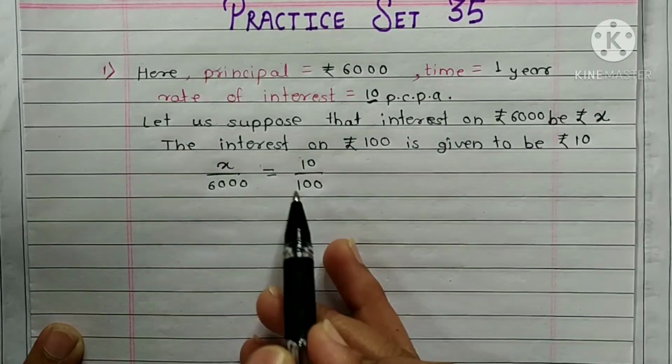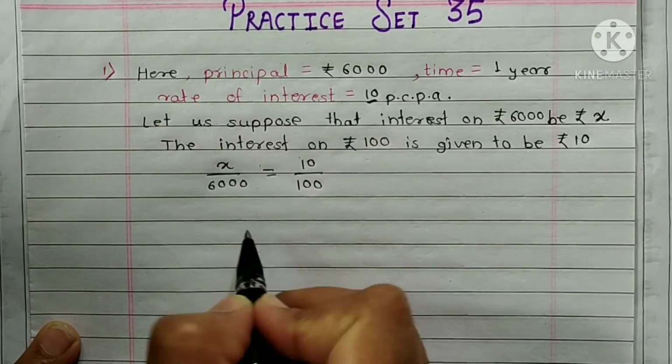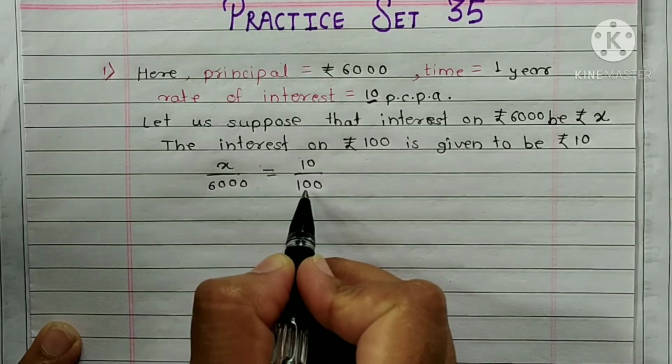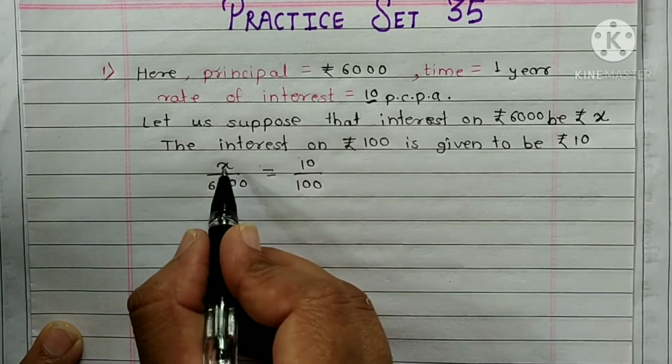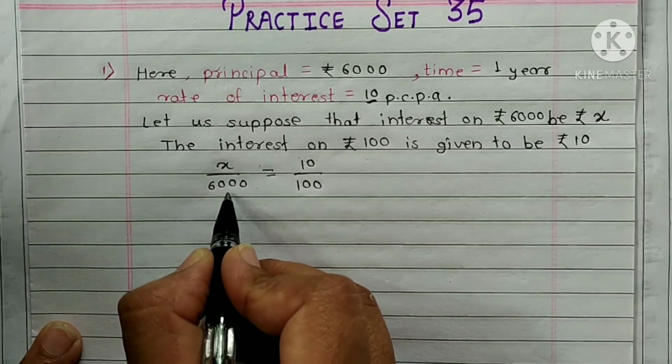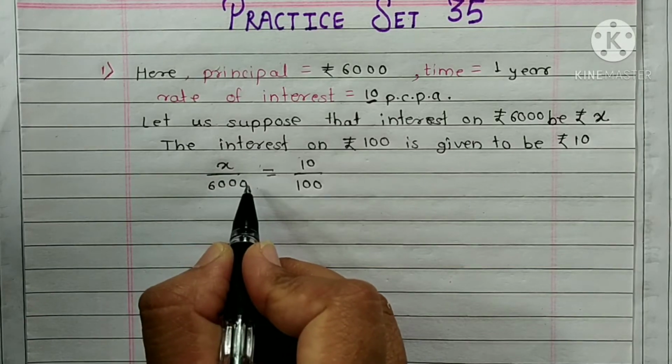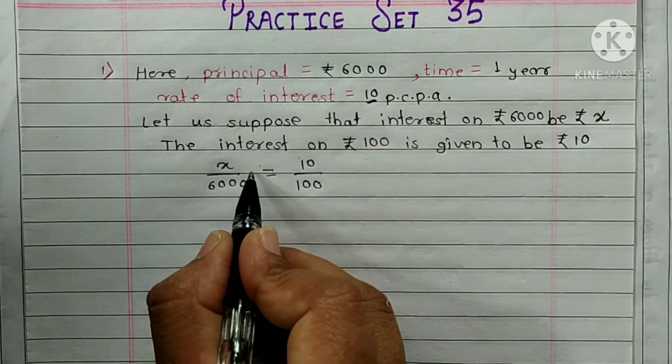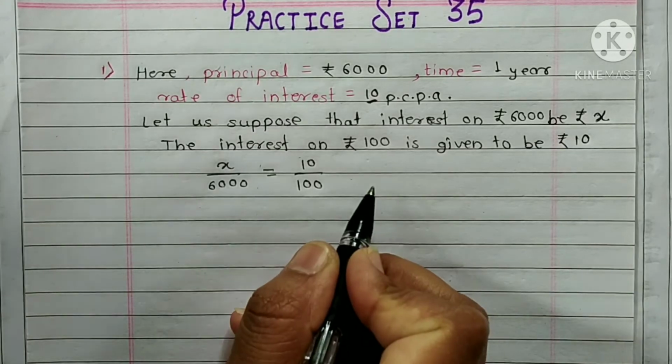Now we solve this. You have already solved this type of equation. Here we have to find the value of x. So remove the 6000 by multiplying by 6000 on both sides.